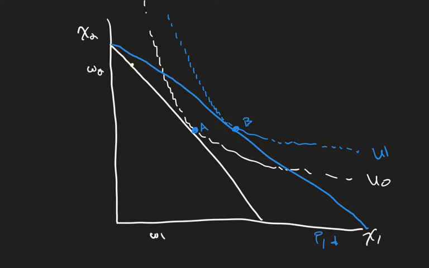We're going to go through our old consumption point A, and at these new prices, we'll call it a straight line. And our preferences look like they would have been something like this. So we would move from A to C as we hold our income fixed and just look at the relative price change. That's our substitution effect. And then our move from C to B is our income effect.